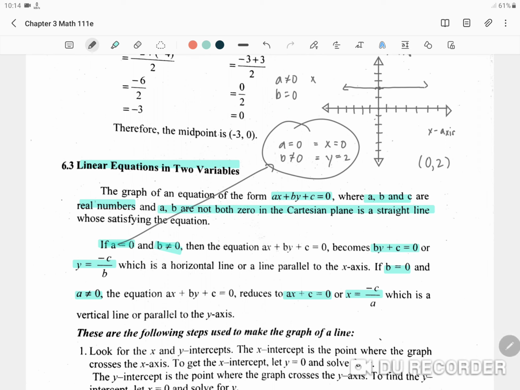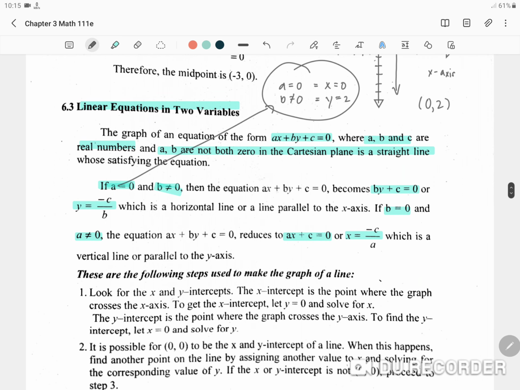Sabihin natin yung x natin, hindi daw equal to 0, so sabihin natin 2. Tapos yung y naman natin is equal to 0. Yung x natin is equal to 2, so dito tayo sa positive area. Since 0 yung y natin, dito natin mapaplot yung point natin. So, that one now becomes a line parallel to our y-axis.